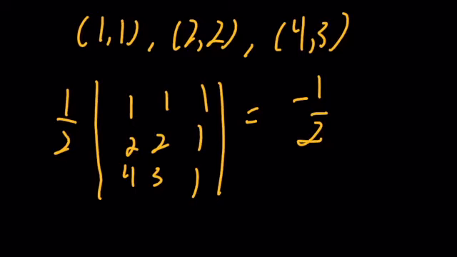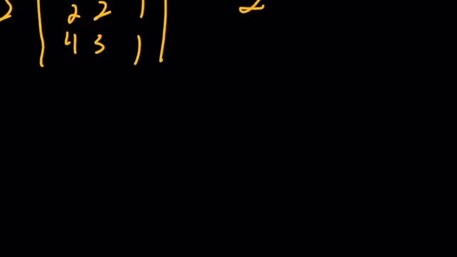Now, we got that out of the way. And let's see here. What happens if you give the same 3 points, but they end up being collinear? What does that look like?